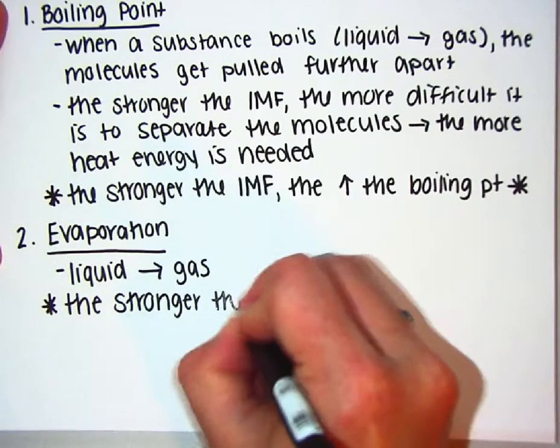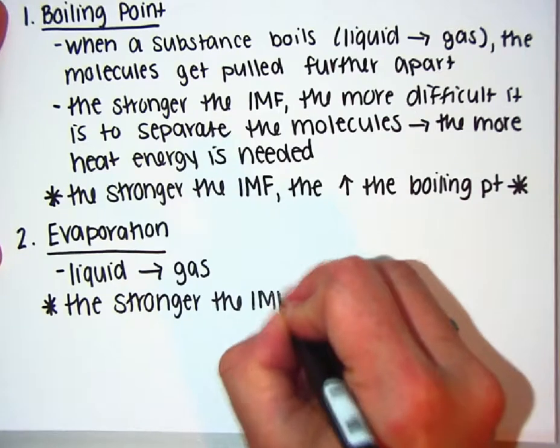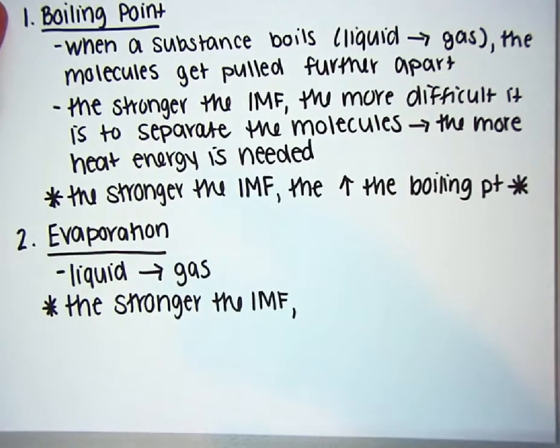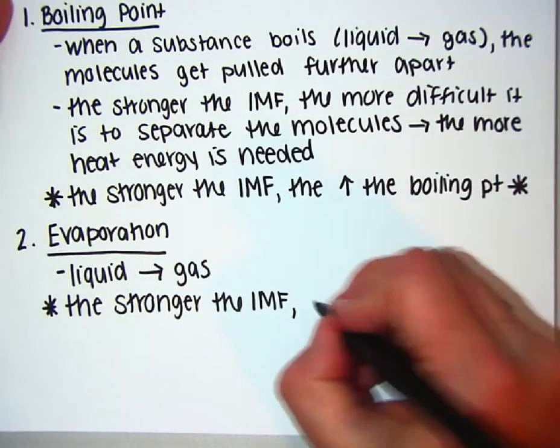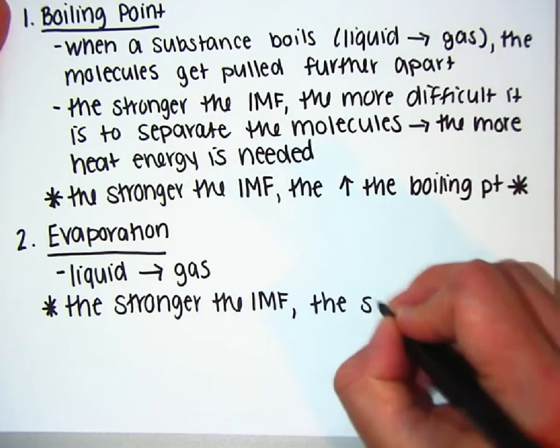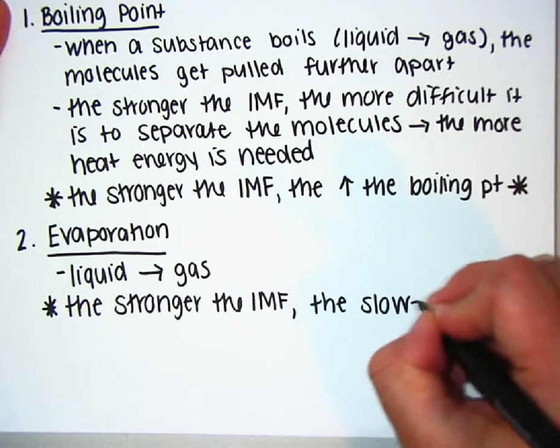The stronger the intermolecular force, the harder it is for those molecules to separate, and the harder it's going to be to evaporate. If we have a really strong intermolecular force, it's going to evaporate slower.